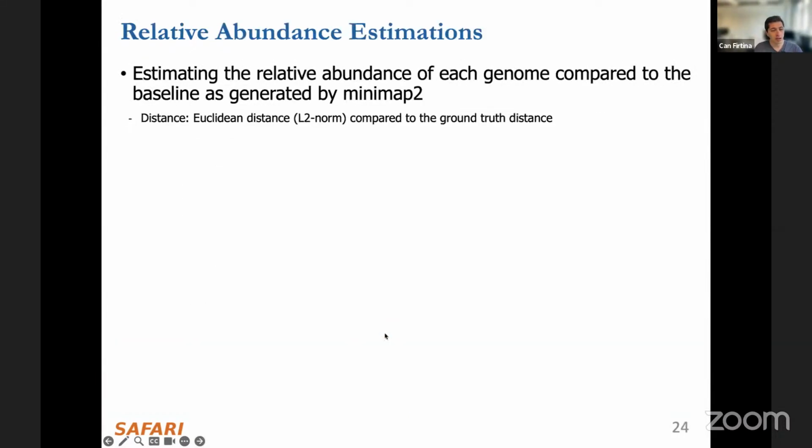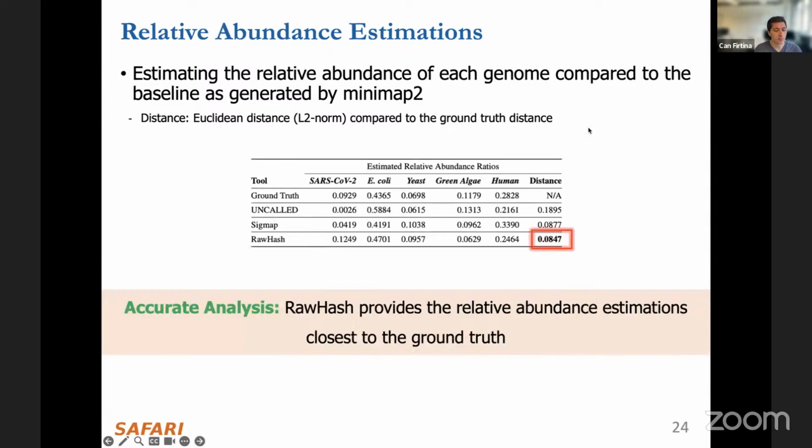So I'll quickly show the relative abundance estimation results as well, in terms of the distance that we're measuring. Here we estimate the relative abundance of each genome compared to the baseline as generated by Minimap2. And the distance that we calculate is essentially based on the Euclidean distance, also known as the L2 norm, compared to the ground truth distance. So this is the estimated relative abundance ratios.